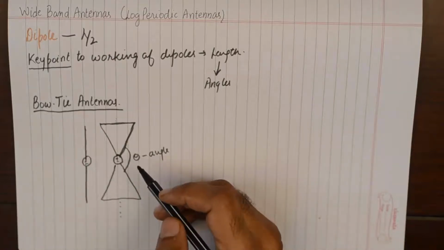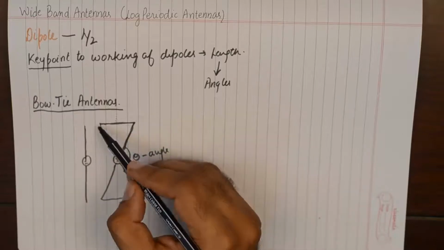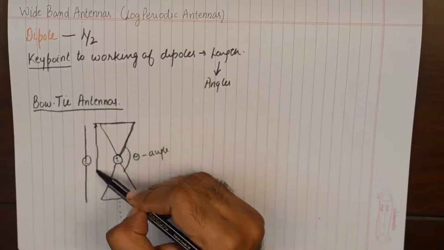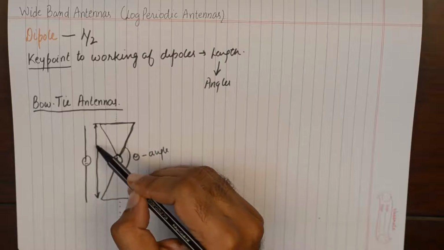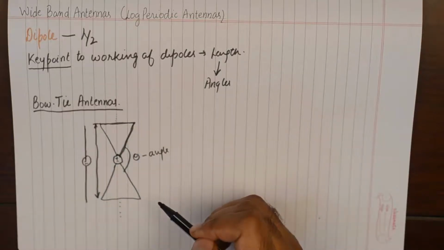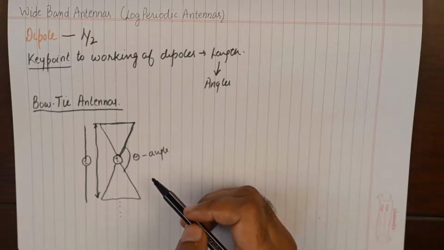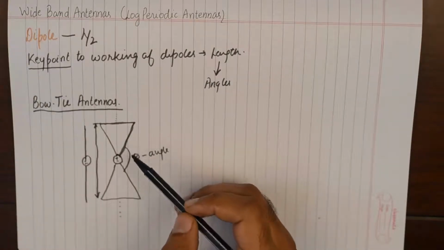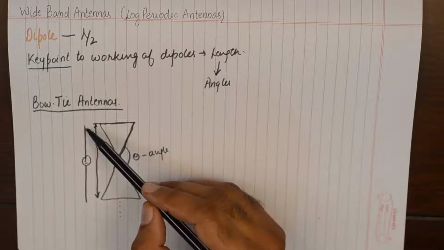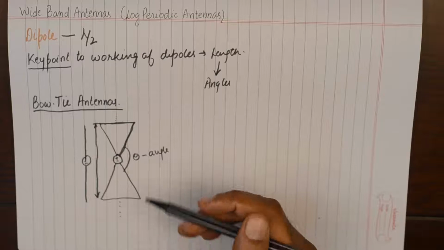But even if we restrict the length of this antenna to some extent, then we would be able to increase the operational bandwidth of the antenna, which we could have achieved with the similar length in case of a single wire antenna.